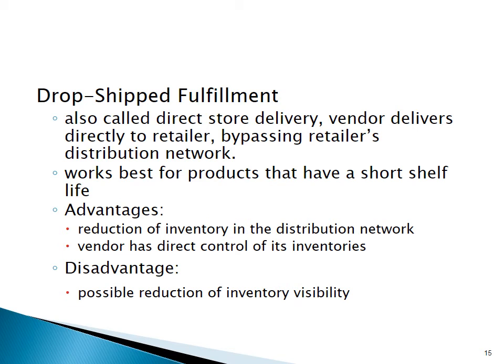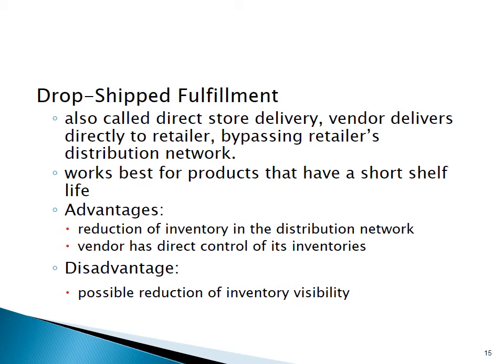This happens with many stores for many fast moving goods which have a short shelf life, like maybe milk, maybe some cookies, maybe some bread, which consumers want fresh. It can be stored maybe a maximum of a day or two. So this drop shipment is used, but the manufacturer uses his own transportation network to supply the retail stores with his goods.